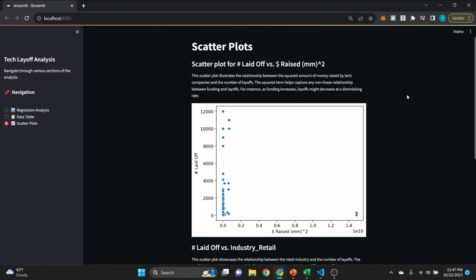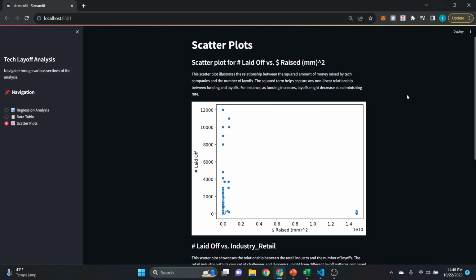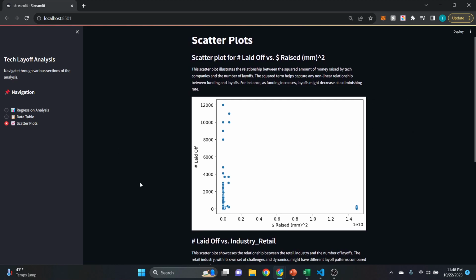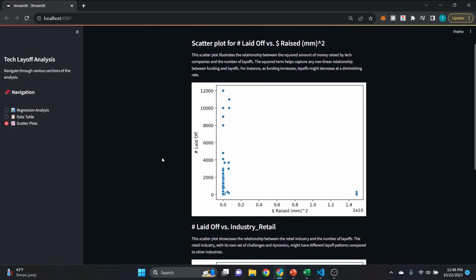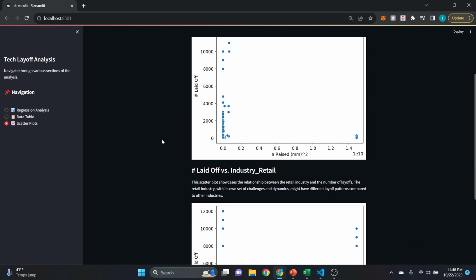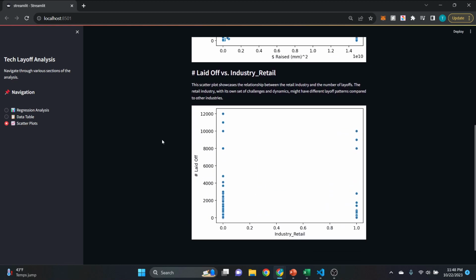Basically, if the company is big, for every dollar, they're going to lay off more people, which means a positive relationship. So the bigger the company, the more people they're going to lay off. But the scatter plot doesn't show that well, which I should improve on in the future.